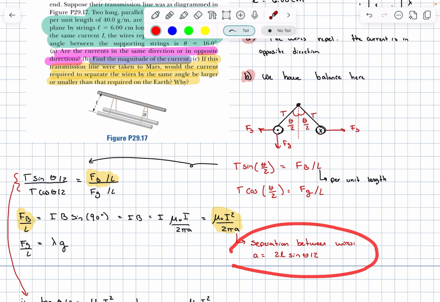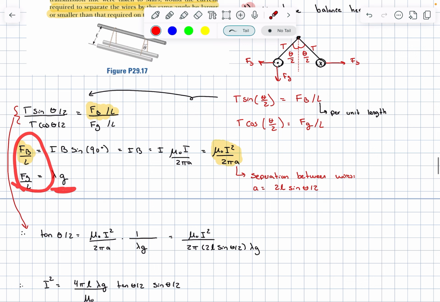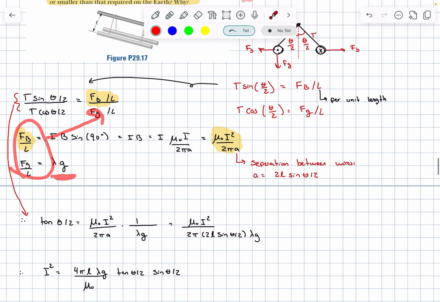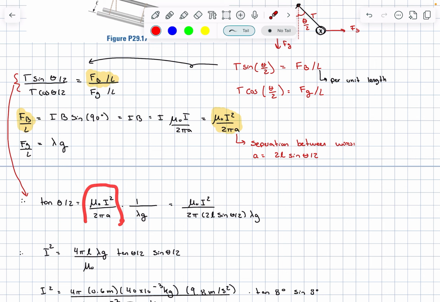That is A. So then what we have, on the bottom, what is Fg over L? Well, it's going to be mass times gravitational acceleration, but really we care about mass per unit distance. So lambda times g. Take these two, plug them in here. This becomes tan of theta over 2. And on the right, we get mu naught I squared over 2 pi A times 1 over lambda g.